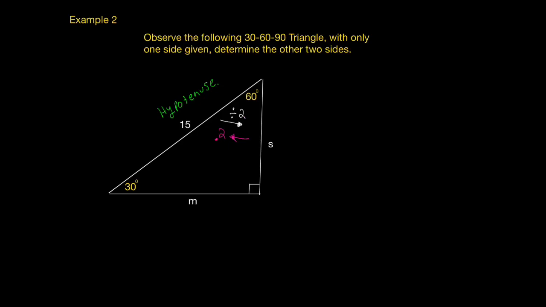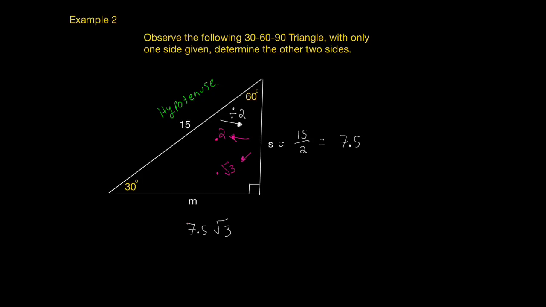So we get that S is equal to 15 over 2, and that gives us 7.5. And now we can get to the middle side, because from the small side, if we want to navigate towards the middle side, all we have to do is multiply by radical 3. So the middle side is going to be 7.5 radical 3. And we're done.